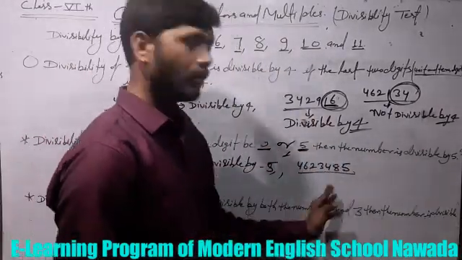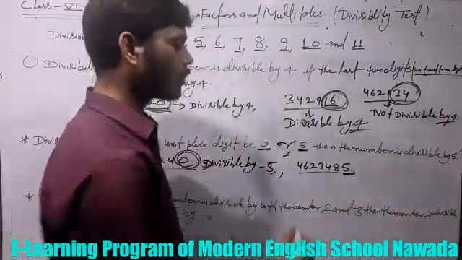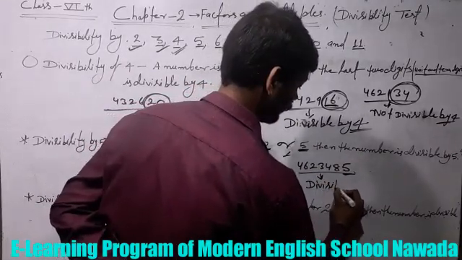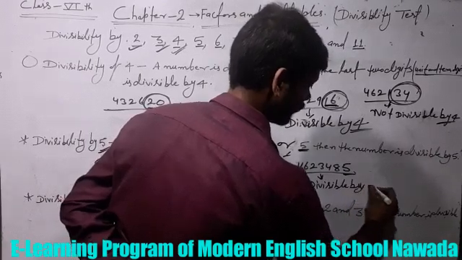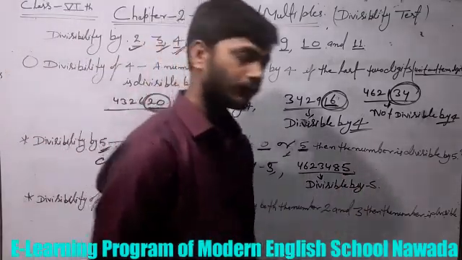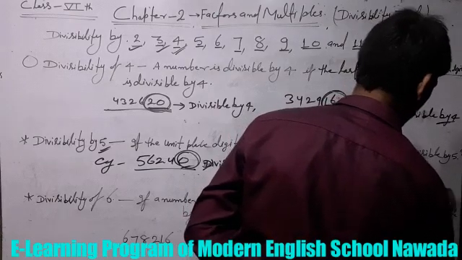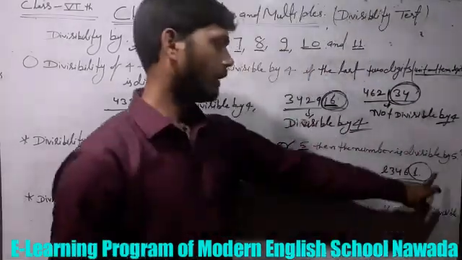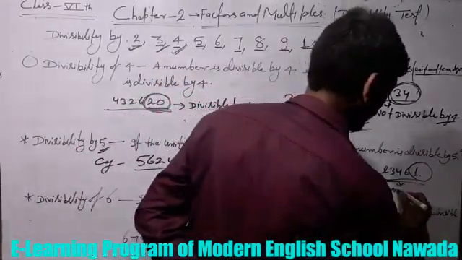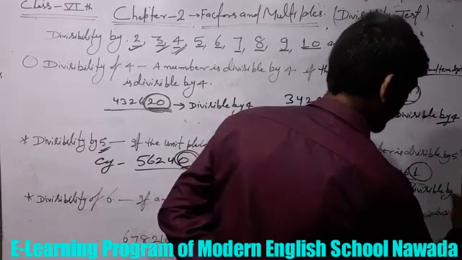In this number, the unit digit is 5, and it is also divisible by 5. Again, write here 23461. Observe the unit digit. Here the unit digit is 1, so it is not divisible by 5.